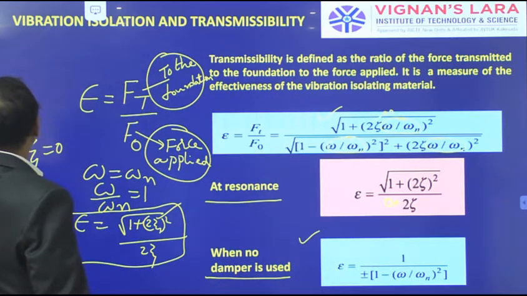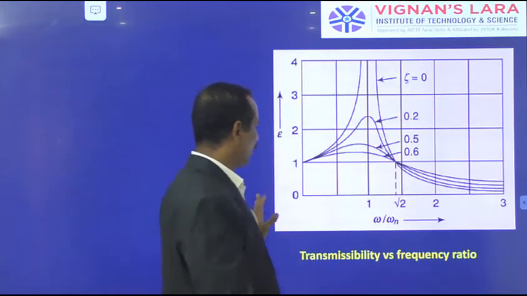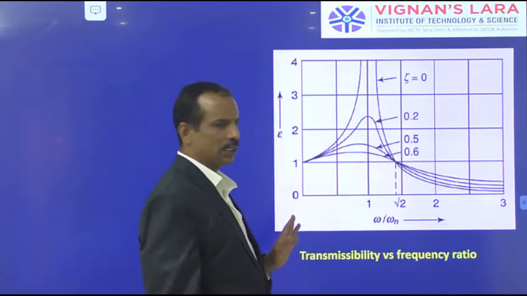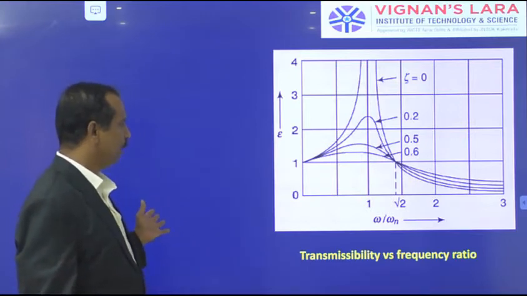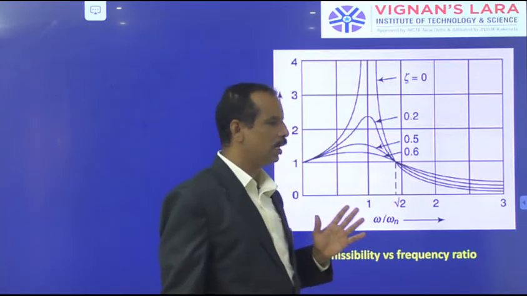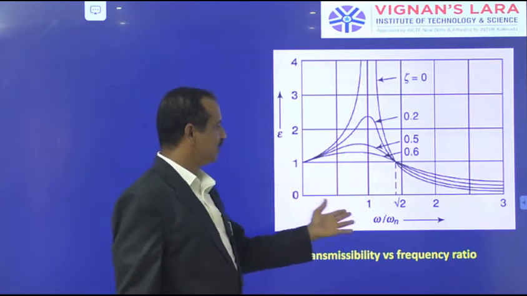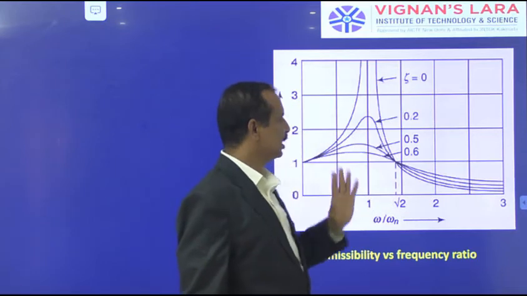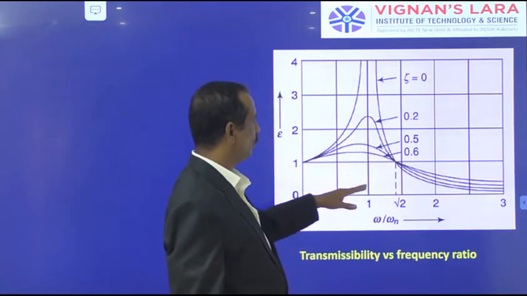This you can convert into a graphical form, which gives a lot of information. What information can we conclude by seeing this curve with respect to zeta? Like the magnification factor, where we drew a curve between magnification factor and omega by omega n with respect to zeta, here also we can plot transmissibility versus frequency ratio, omega by omega n, with respect to zeta: zeta 0, 0.2, 0.3, 0.4 and so on.